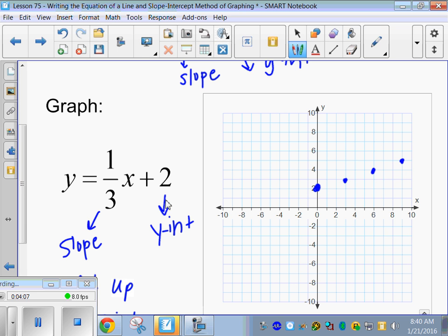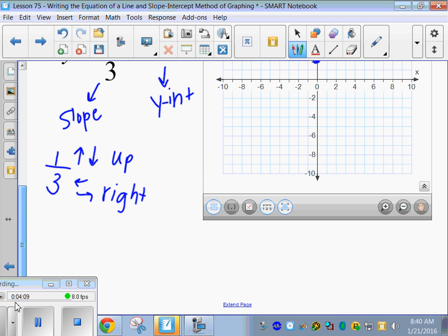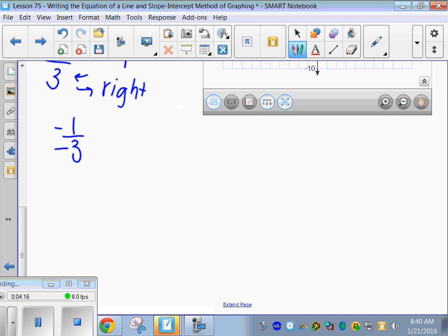Okay. Do you all agree that if I were to do a negative over a negative, that is the same thing as a positive 1/3? Okay. So now if the top number is negative, which direction do we go? Down. And if the bottom number is negative, which direction do we go? Left. Let's try it.